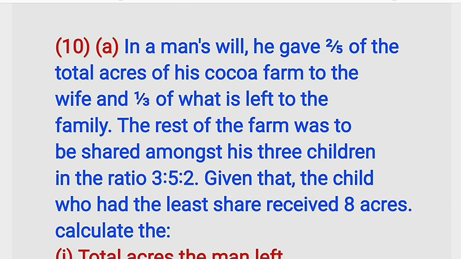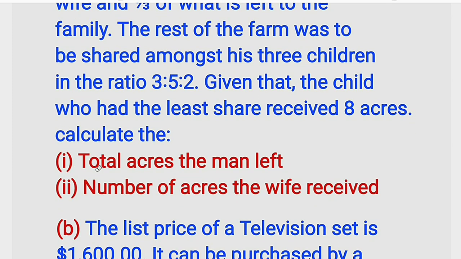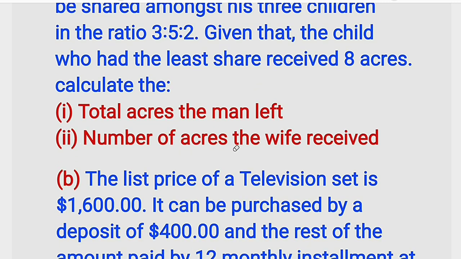Given that the child who had the least share received 8 acres, we are asked to calculate Roman 1, the total acres the man left, Roman 2, the number of acres the wife received. Before we come back to 10b, let us answer 10a. So we have 10a right here.